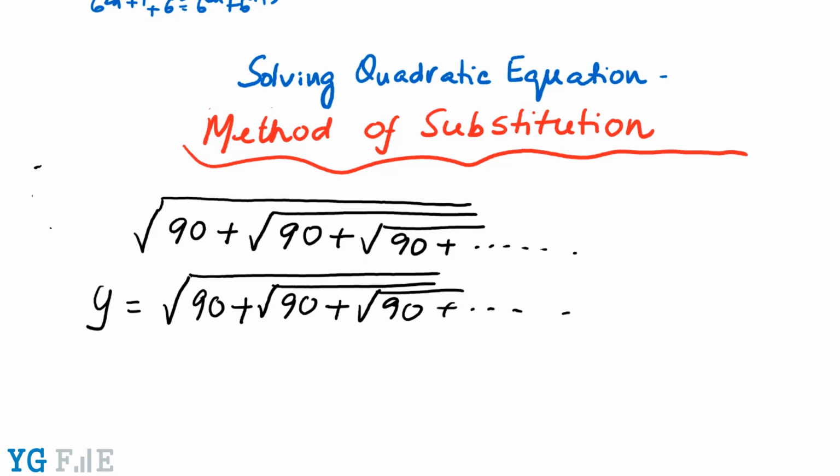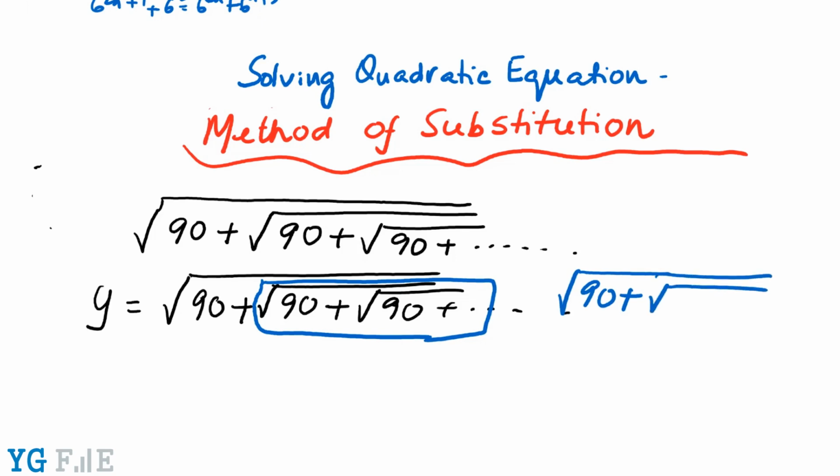Remember that when we look at this expression, look at this inside expression. See here what happens. If I were to separate this out, the blue box would still look like a square root of 90 plus square root of 90 and so on. Even if we remove one 90, it doesn't change because it is infinity. Adding or removing one number doesn't really matter. So we still get the same y here.